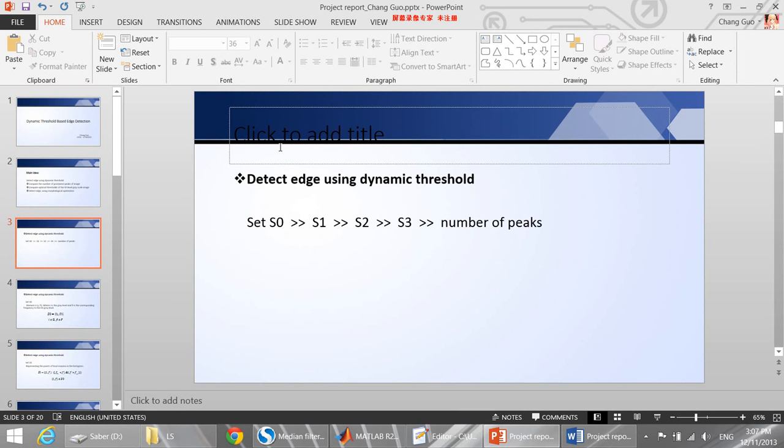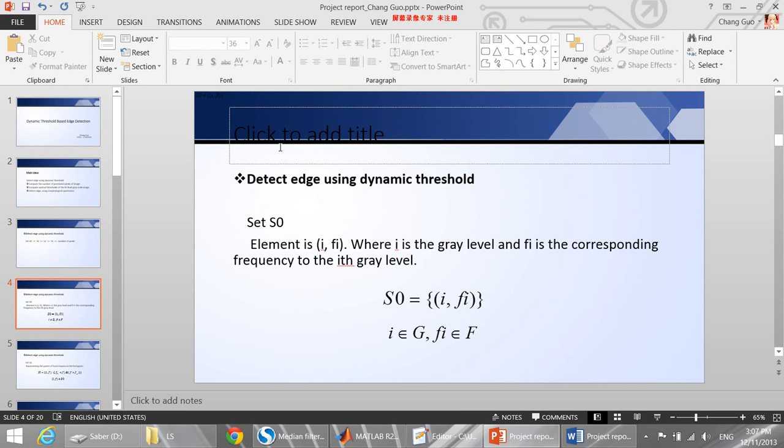To get the number of peaks, there need to be some steps. We need to compute sets S0, S1, S2, and S3. For set S0, the element is Fi, where i is the gray level and Fi is the corresponding frequency of the i-th gray level.